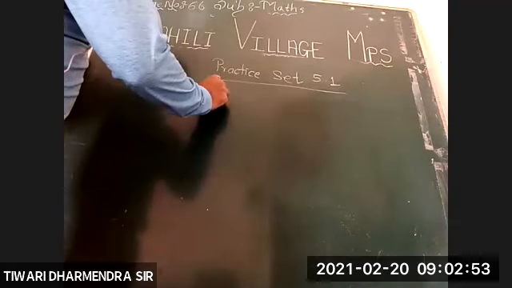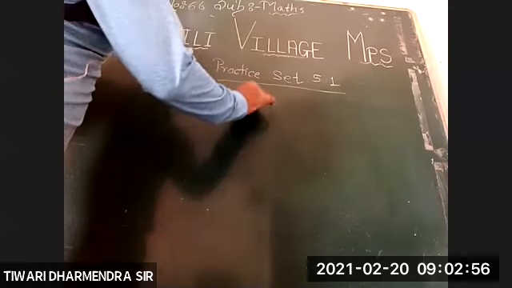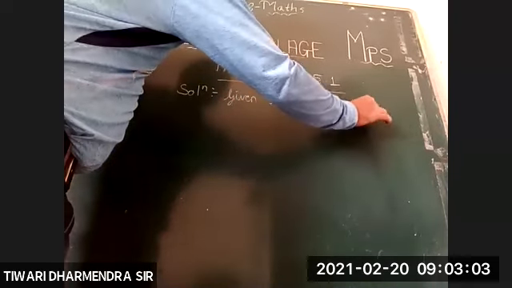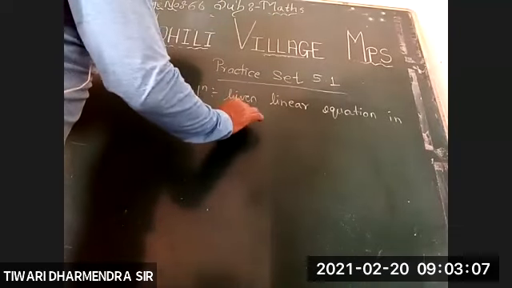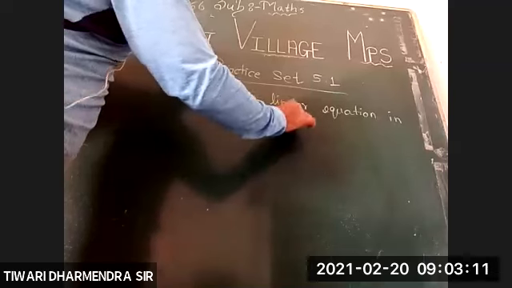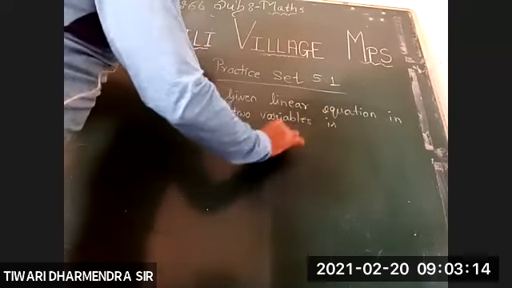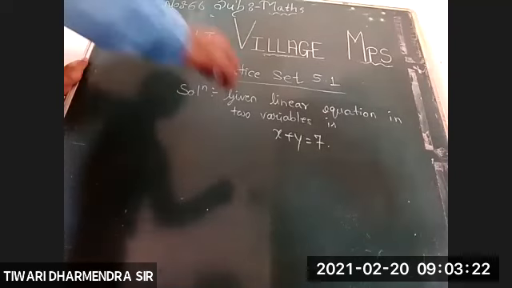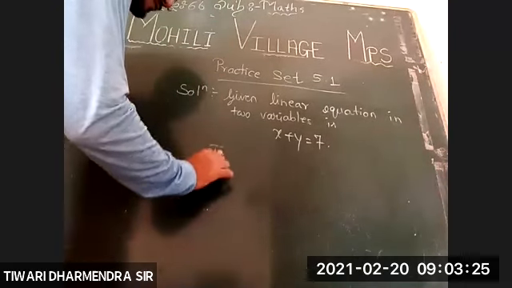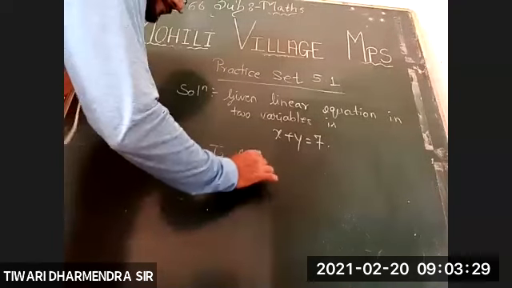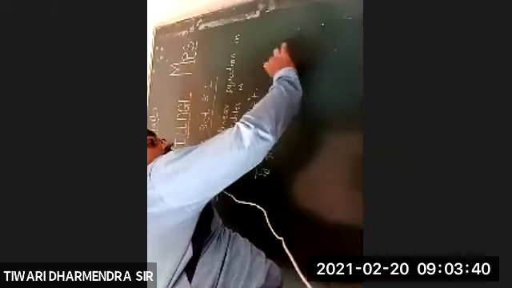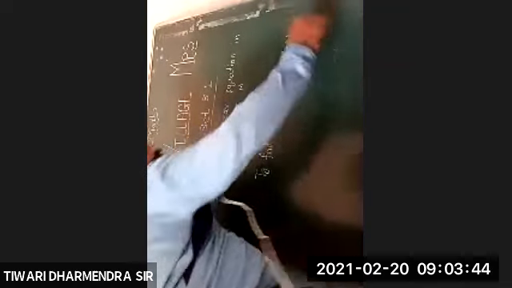So we will write the given linear equation in two variables, x plus y is equal to 7, to find its 5 solutions.